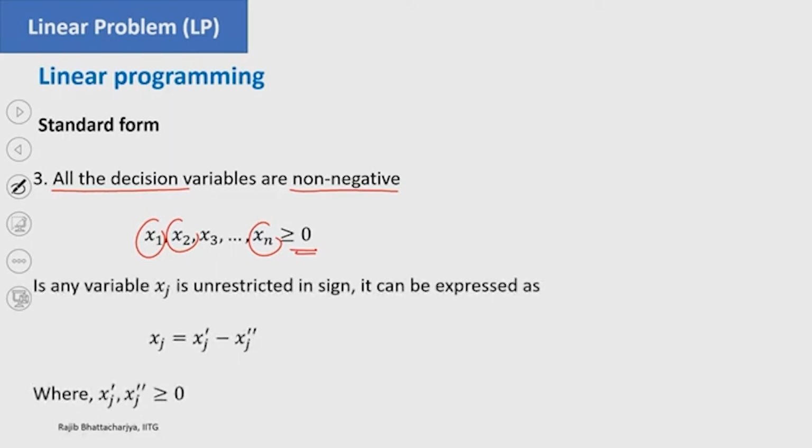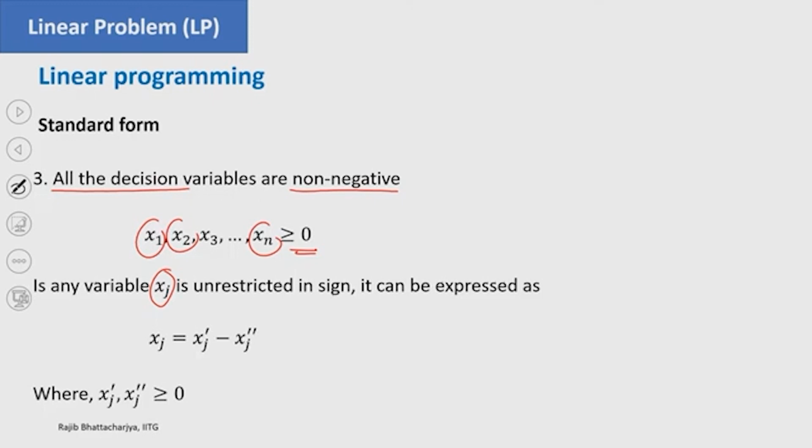a negative variable, suppose x j is unrestricted in sign, that means x j can be negative or positive. There may be some problem where a particular variable can have negative values.